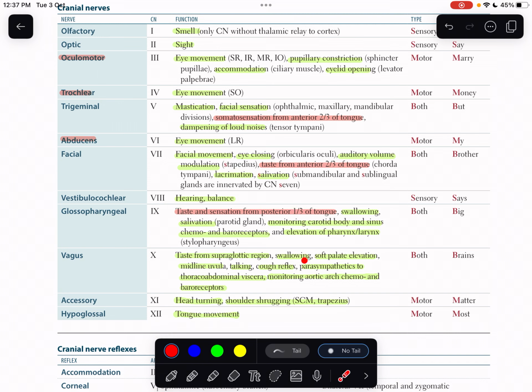It is also for swallowing, soft palate elevation, midline uvula, talking, cough reflex, parasympathetic supply to the thoracoabdominal viscera, and monitoring the aortic arch chemoreceptors and baroreceptors. So this is also involved in monitoring your blood pressure.